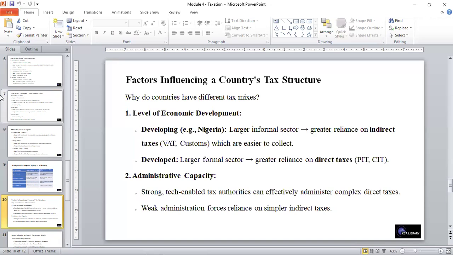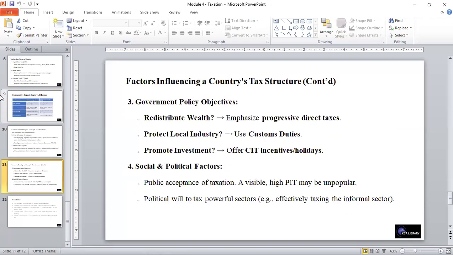And another factor influencing the tax structure is the administrative capacity. Talking about it, a strong tech-enabled tax authority can effectively administer complex direct taxes, and weak administration forces reliance on simpler indirect taxes.